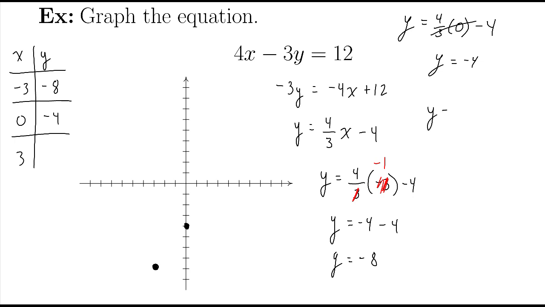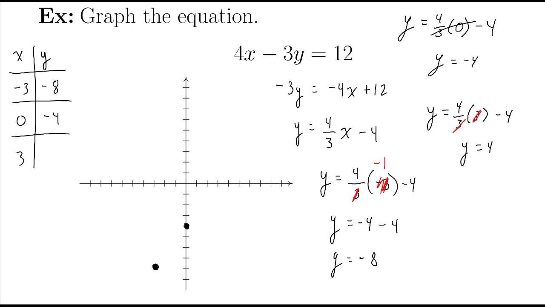Okay, finally, let's plug in positive 3. When you multiply with a fraction, you can just divide the whole number by the denominator. That's 1. 4 times 1 is 4.